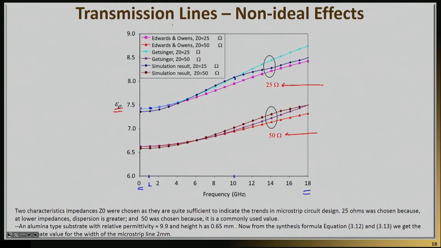For 50 ohms, it's a little bit better. I'm not going to answer it here, but go ahead and think of why 25 ohms is worse. The answer lies in the physical geometry. So remind yourself if a line that is 25 ohms is narrower or wider than a 50 ohm, and the answer will immediately pop up. So that is an interesting thing for microstrip line that you should keep in mind.